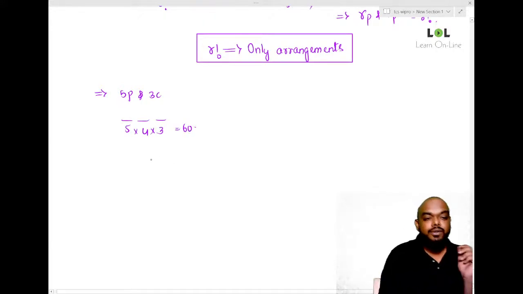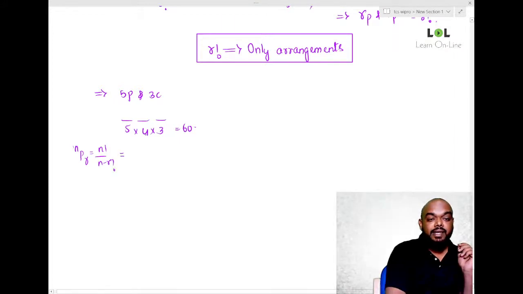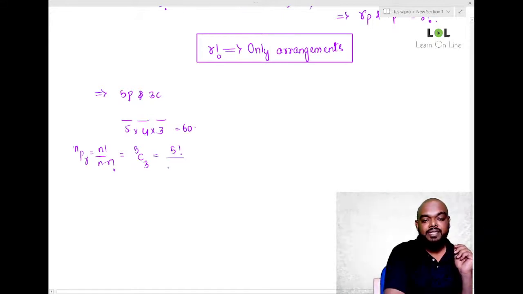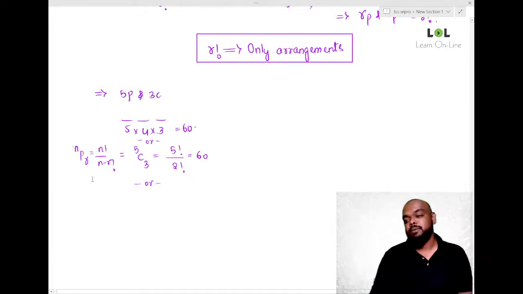You can directly use nPr, which is n factorial by n minus r factorial. Here n value is 5 and r value is 3. 5 factorial by 5 minus 3, 2 factorial. Again you will get 5 into 4 into 3, 60. Another way of solving the same question.